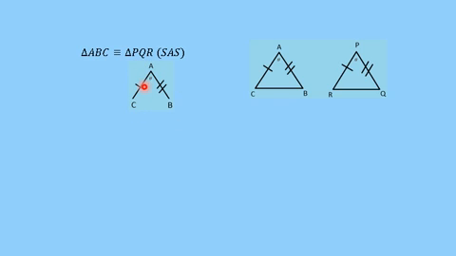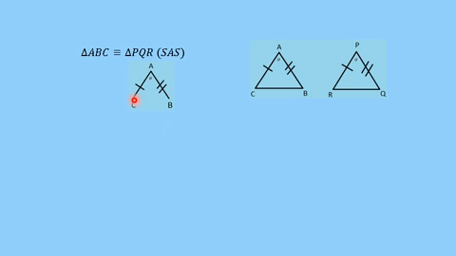This is an upside down V. So angle C, side CA, it is marked there, you see, and then AC equals PR. Even if I say CA equals RP, they're equal, they're marked.